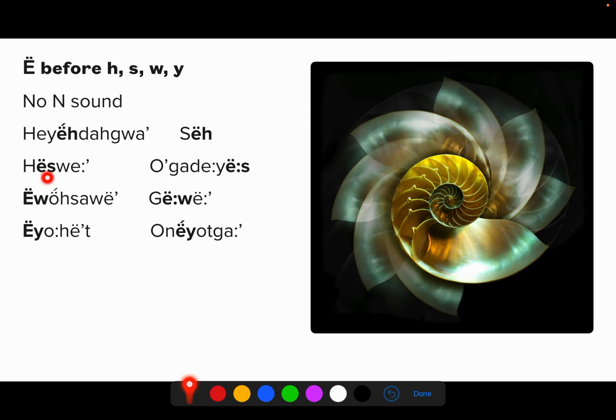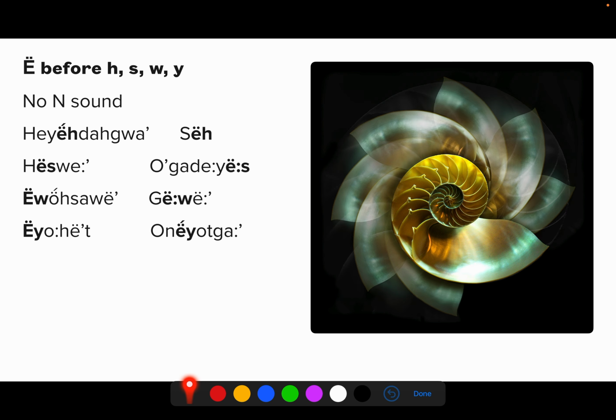Heswait, you all will go heswait. And o gadeyas. So there's no yents and no hence weight. It's just hes. And then it will begin or it will start.